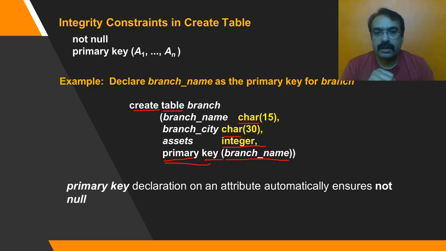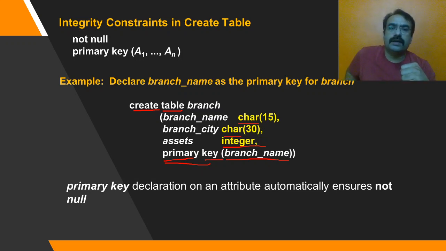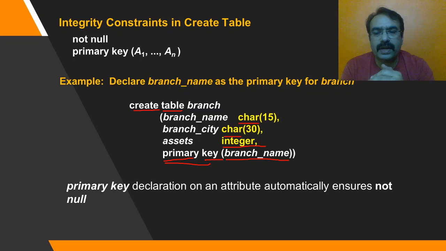Okay. Now this is a mentioning of a relation. How can I mention the relationship? Relationship will also be mentioned in the similar way. Only thing is we'll have to mention all the attributes which are the primary keys of the previous two as not null. That's the only thing we'll have to take care.